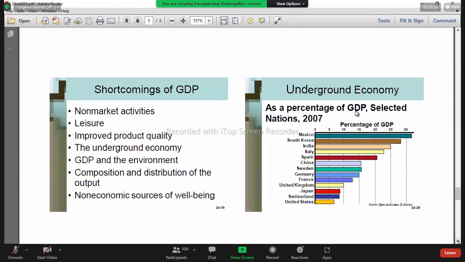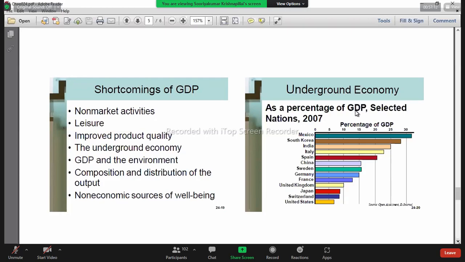So, less crime, and many other non-economic sources of well-being, like good governance, where there is no corruption. We don't consider these in the GDP.